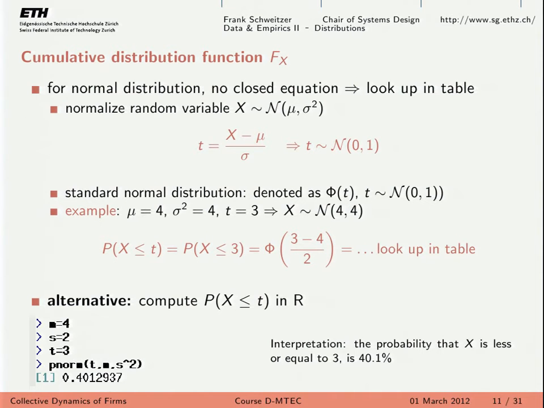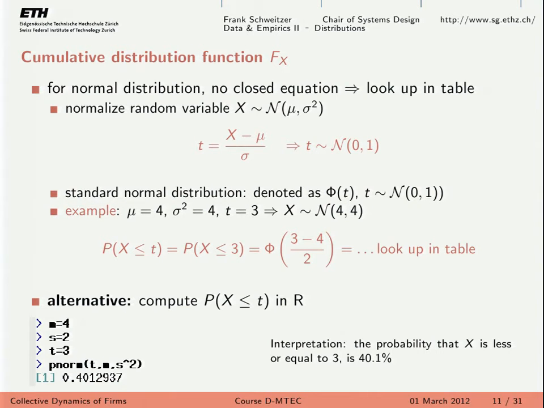That's a very important normalization. And only this function is printed in the table, right? This is sometimes also denoted as capital phi of t. So let us take an example here. Let's assume the mu is given as 4, sigma square is 4, and our t is 3.